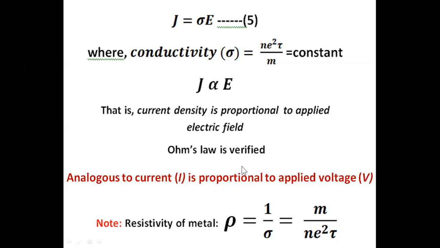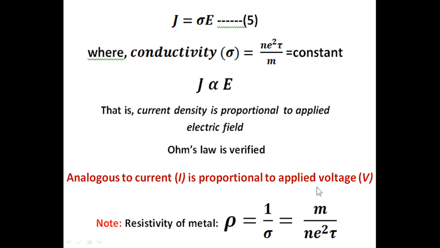Here we can also convert the conductivity in terms of resistivity, which are related as rho is equal to 1 over sigma. Both are inversely proportional to each other, which means the resistivity of the metal is given by m over n e square tau.